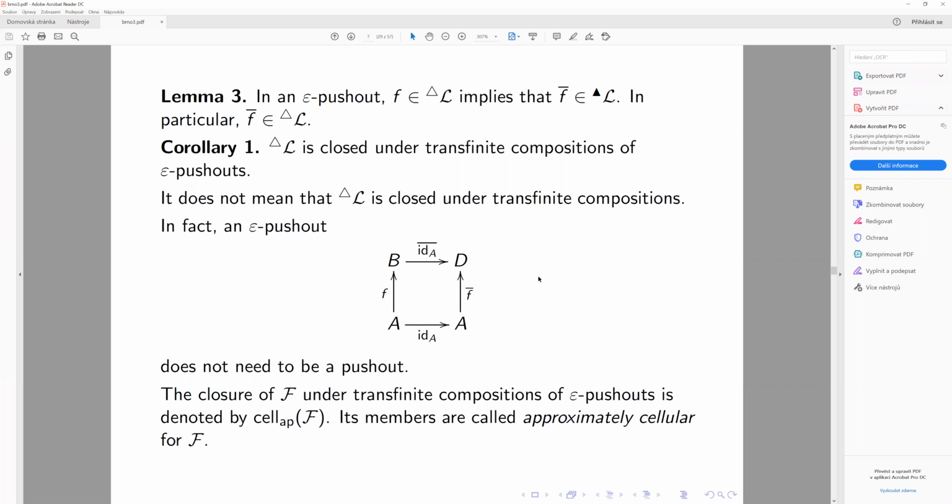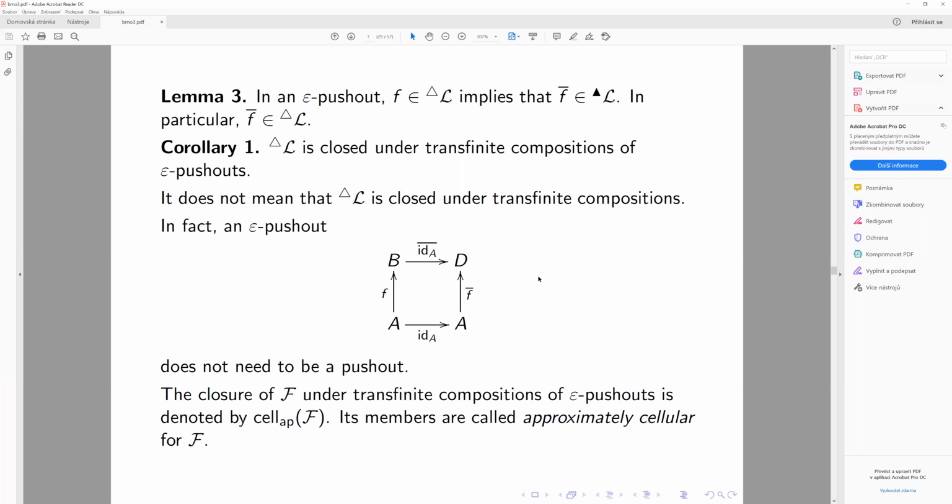You need this epsilon push-out to be coisometric in this sense, which is natural, and I will show you how epsilon push-outs look in metric spaces.